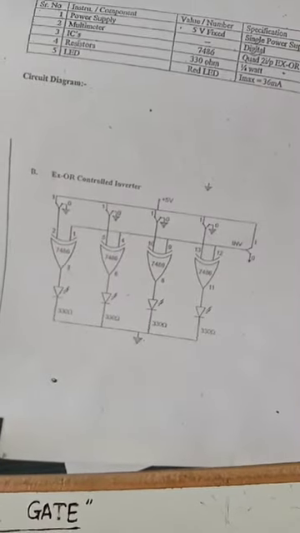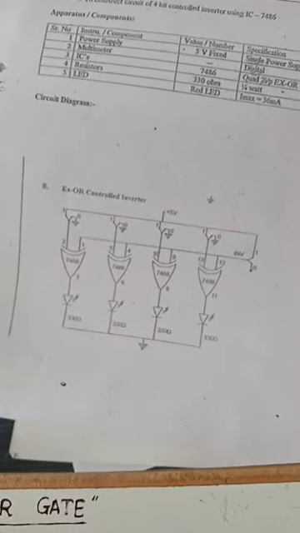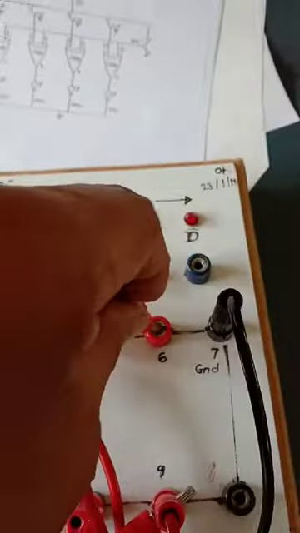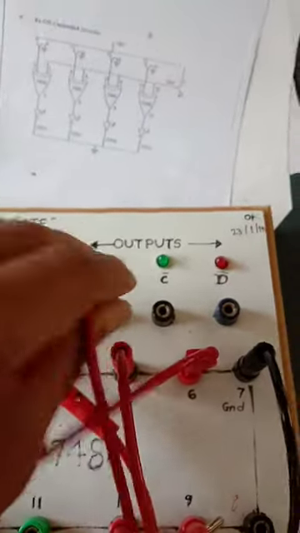Then pin number 6 is the output of the second XOR gate. I am connecting this output to B bar.